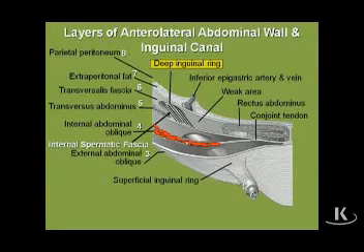Now, when we look at the arrangement of the muscle fibers on the surface of the abdominal wall in the internal oblique layer, we'll see that these muscle fibers are arranged in an oblique fashion, hence the name internal oblique, and it's an oblique arrangement such that the fibers are running upward and medialward. And that's the direction of the internal oblique muscle fibers.